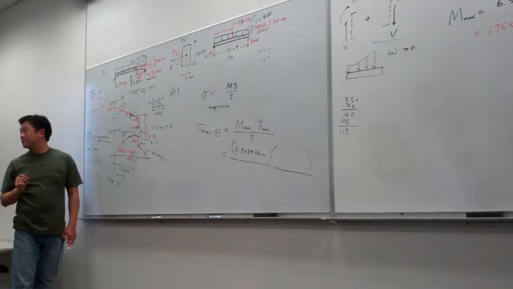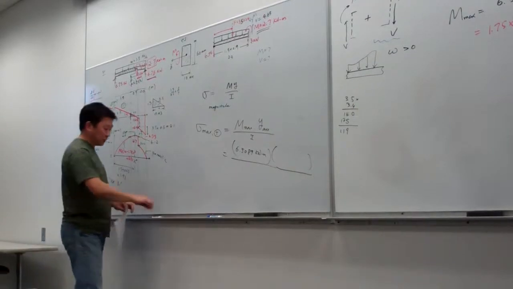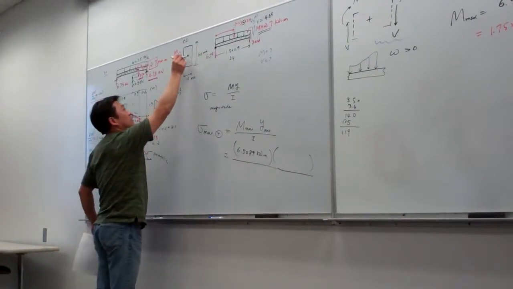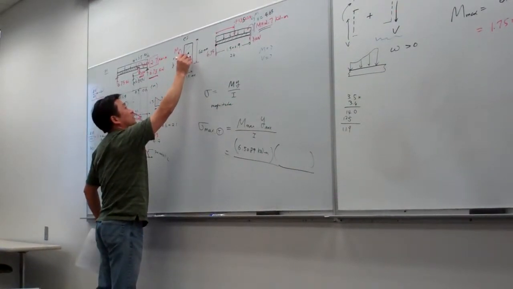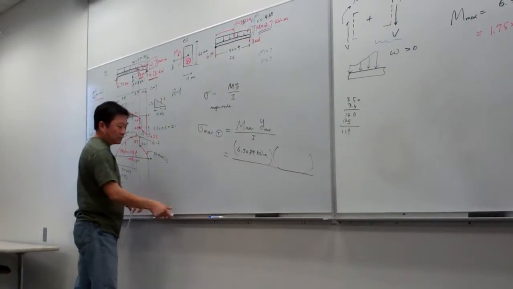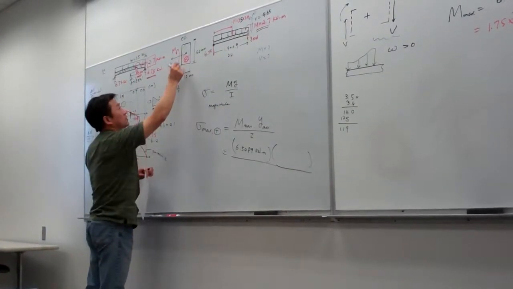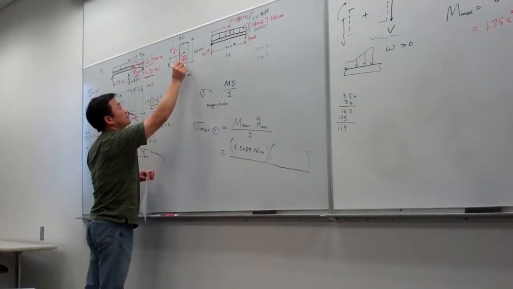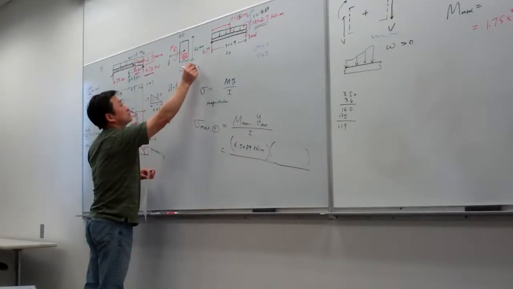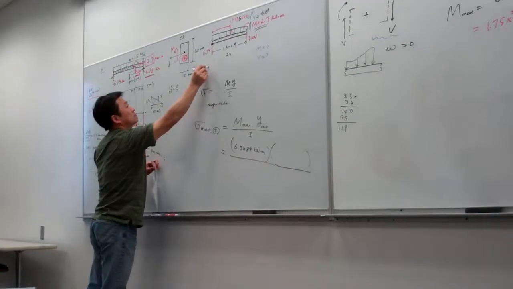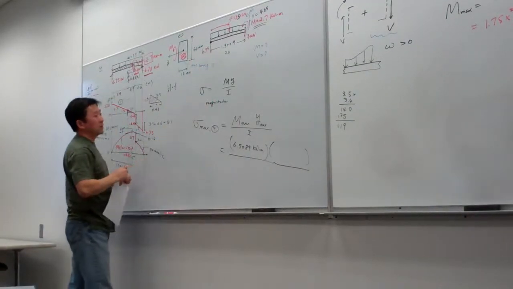Are we okay? Okay, and now we determine, here in this way, the lower portion will be in tension. So the maximum bending stress, tension, will be here.